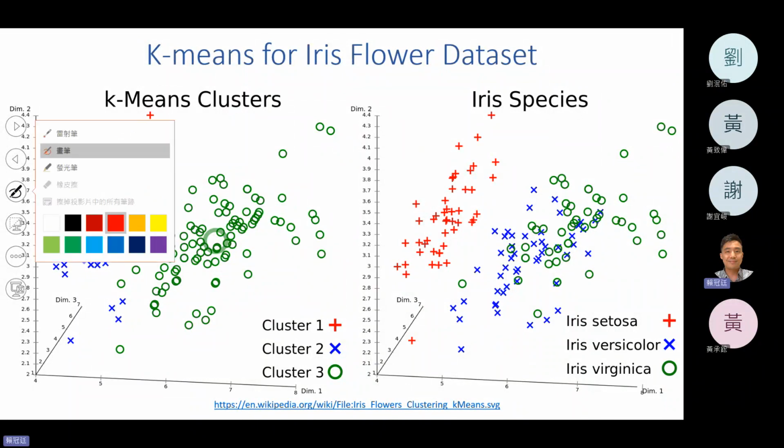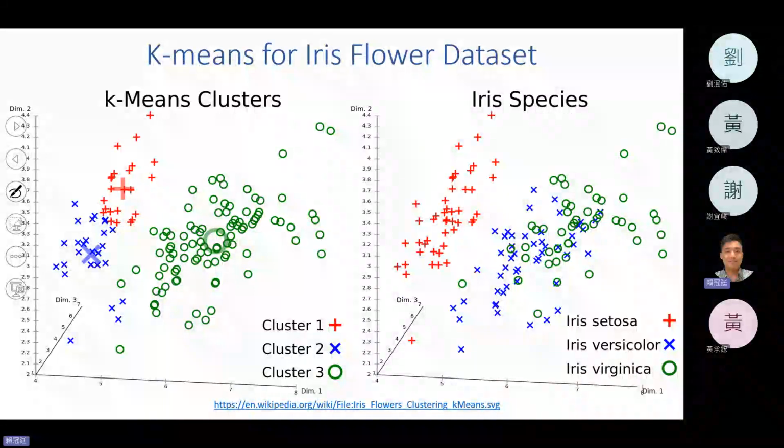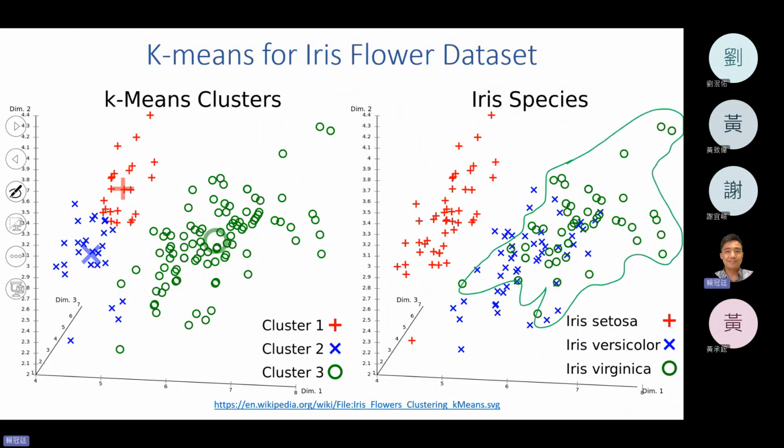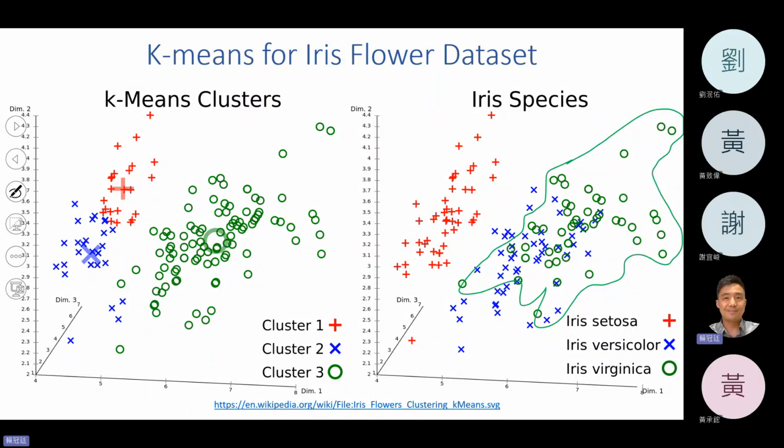Here is the original class. Some classes cannot be easily classified, right? Virginica and versicolor are mixed with each other in the vector space.